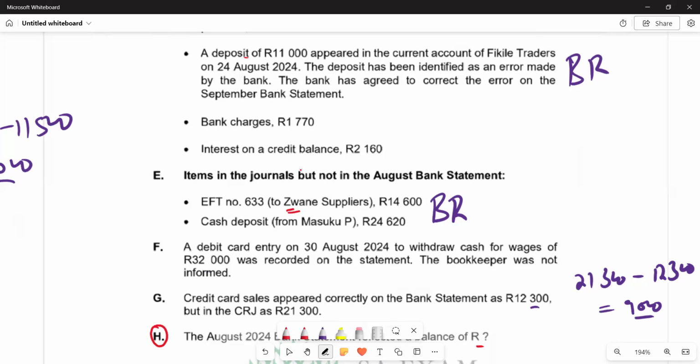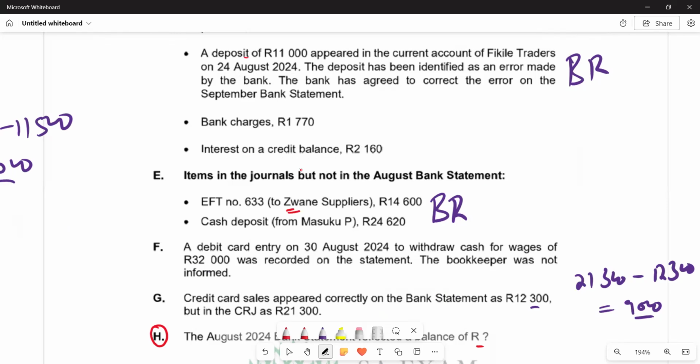The moment we process the payments, we record them in the journal, but on the bank statement it's not reflecting. So we are supposed to update it on the bank reconciliation. We are saying 14,600, and we are going to show it on the debit side of the bank statement.